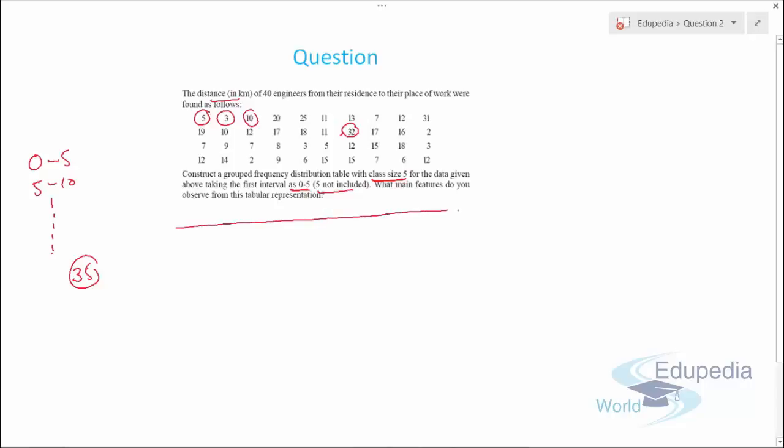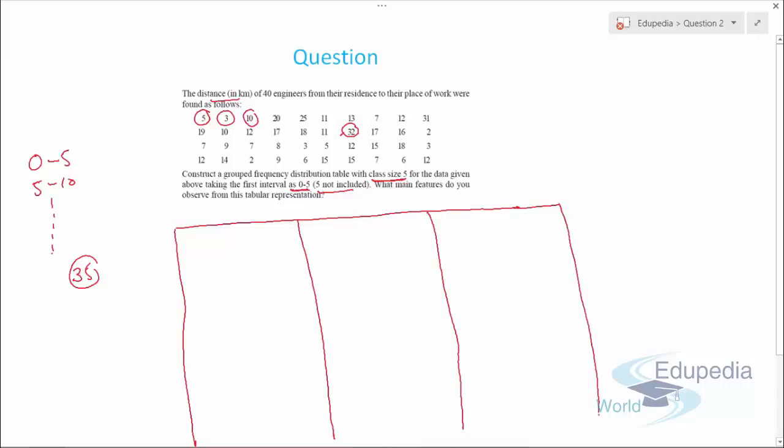So let's draw the table first, like this, right? We need to draw 3 columns, one for distances in kilometers, one for tally marks, which will be very helpful, and one for frequency, right? Now let's say we have a table like this.